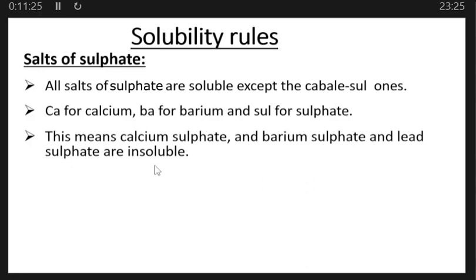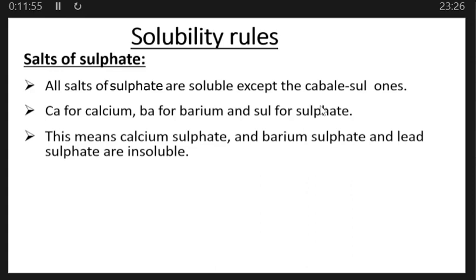All right? So all salts of sulfate are soluble except the "Kabalesaw" ones. So in this way, we have hidden calcium, barium, lead, and then this is sulfate. So if I have calcium sulfate, it is insoluble. Barium sulfate, insoluble. Lead sulfate, insoluble.